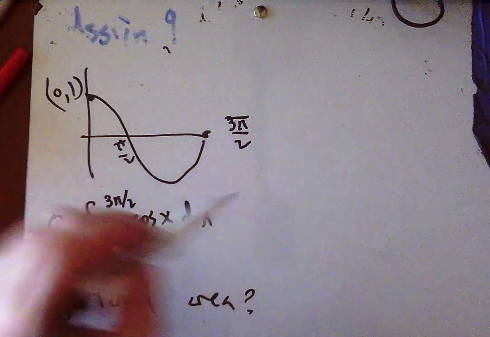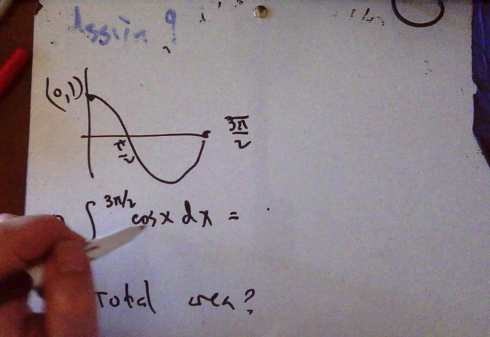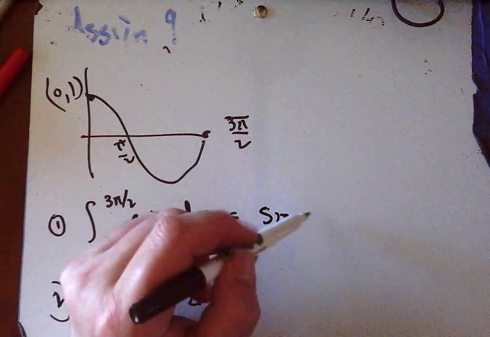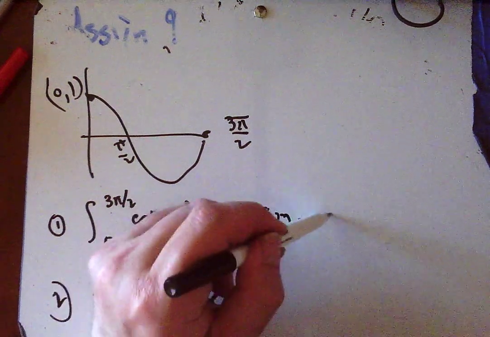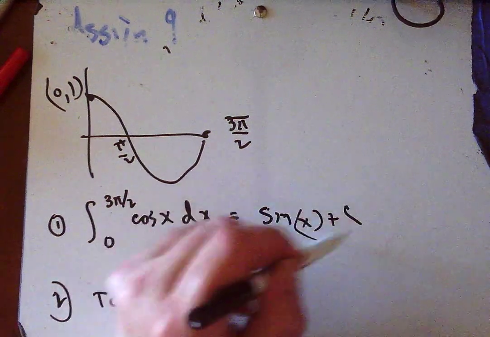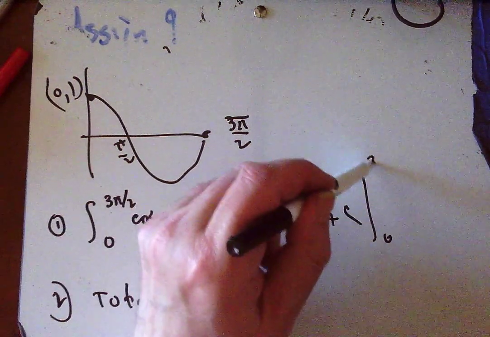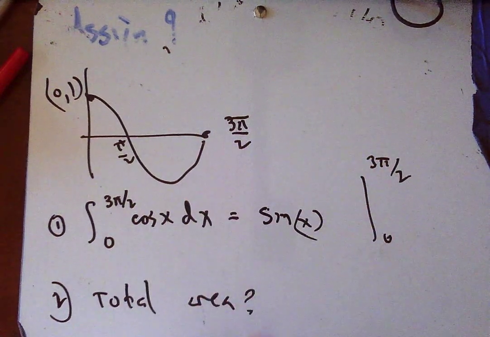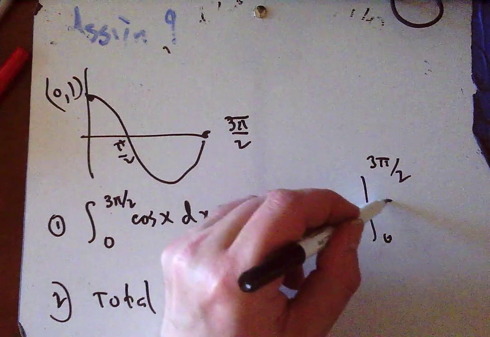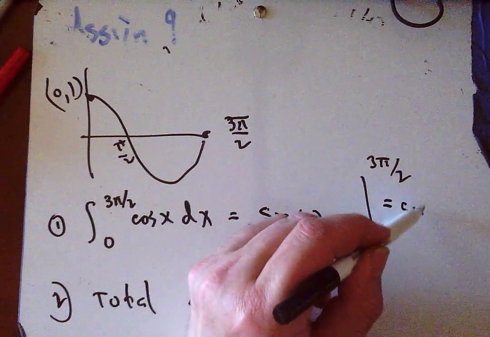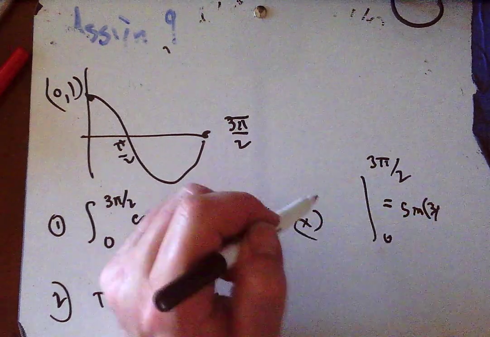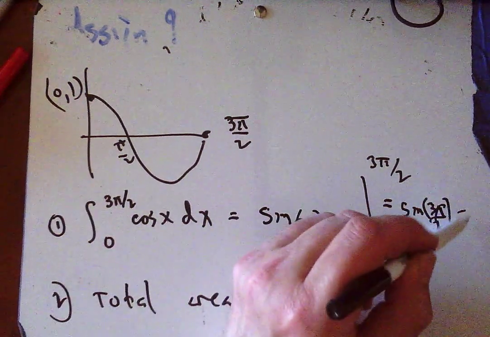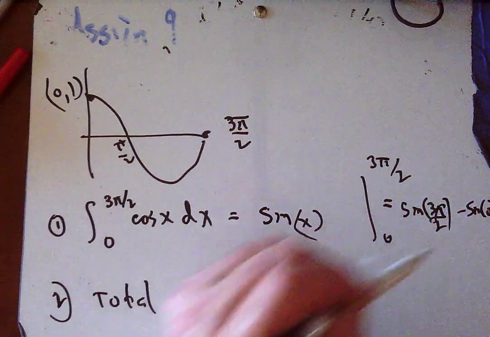So straight integral, well, that's just, use the antiderivative. Use FTC 2, sine of x plus c, evaluated from 0 to 3 pi over 2. Since we have a definite integral, we don't need to worry about that. And so really I'm just looking at sine of 3 pi over 2 minus sine of 0.